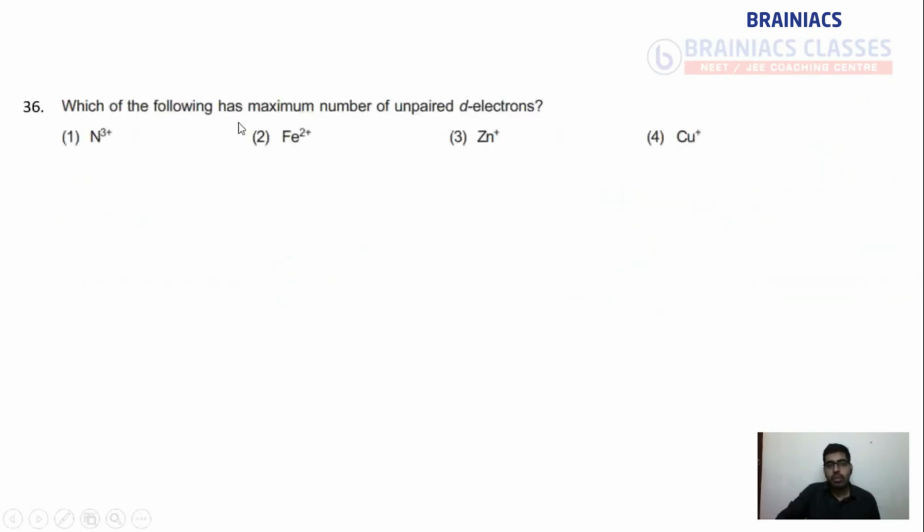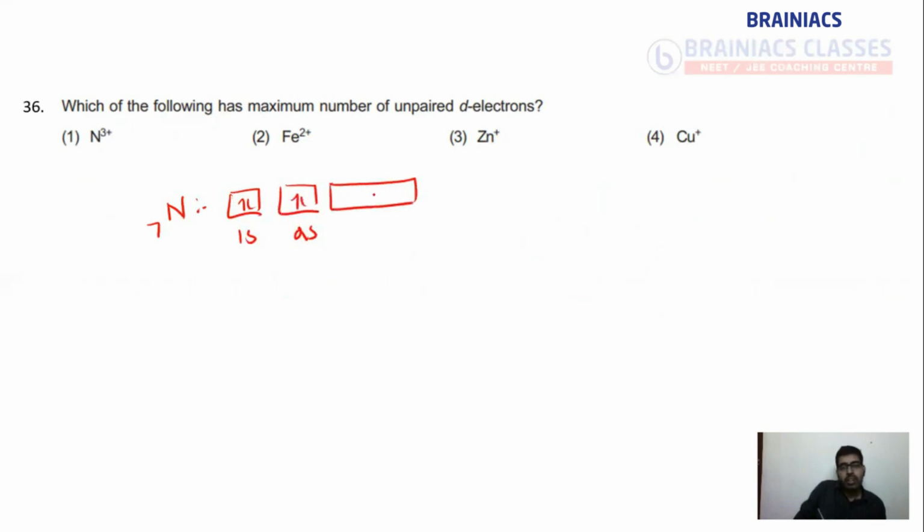Moving on to question number 36. Which of the following has maximum number of unpaired electrons? N3+, Fe2+, Zn2+, Cu+. Nitrogen, atomic number 7, configuration 1s2, 2s2, 2p3.